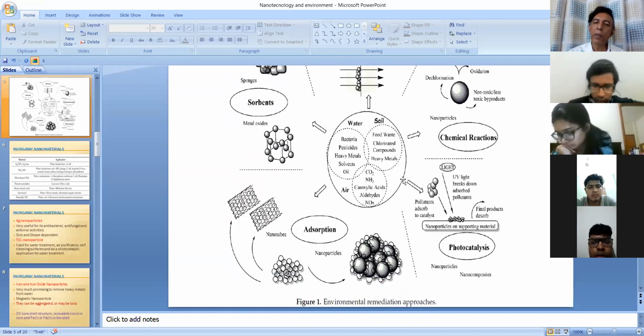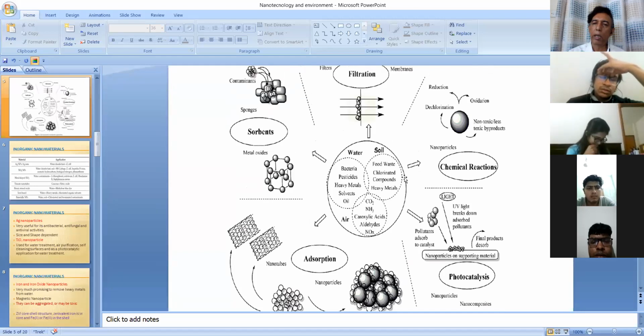It can be decomposed by means of photocatalyst, by means of UV light or something, and it can be reduced to different substances, or it can be oxidized to different substances by means of nanoparticles.